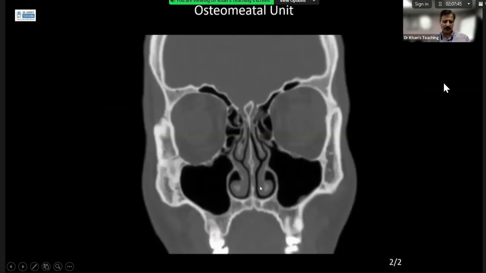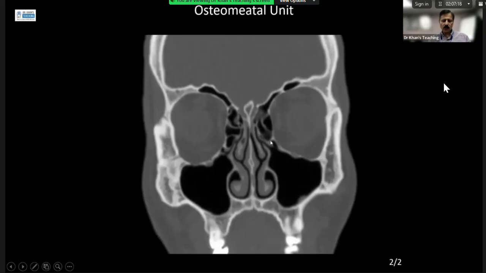So this is a CT scan. And if you see here, this is the maxillary sinus. This, where I'm pointing, is the maxillary ostium. From here to here will be the infundibulum. Then if this is the middle turbinate, this airway is the middle meatus. And this thing is the ethmoid bulla.